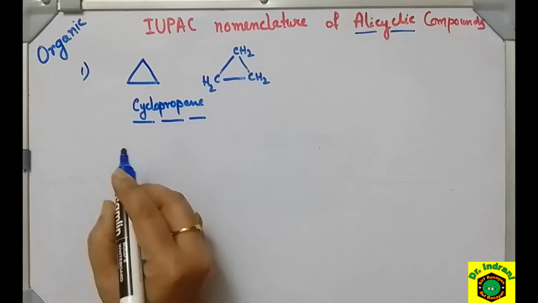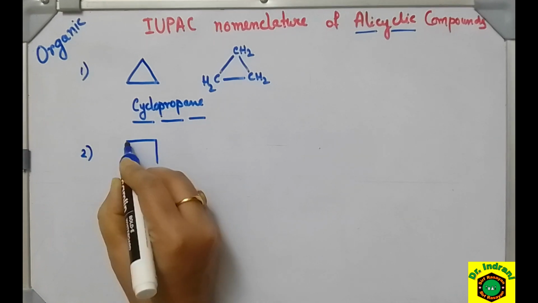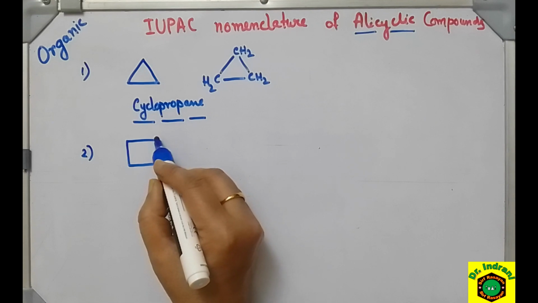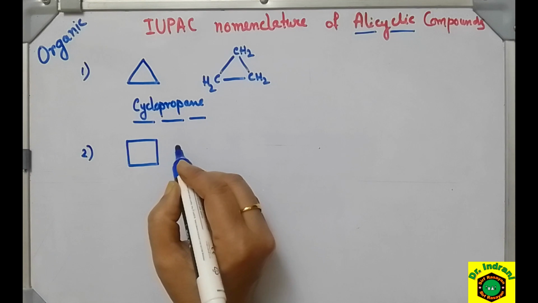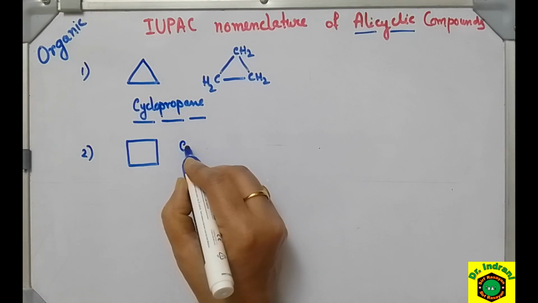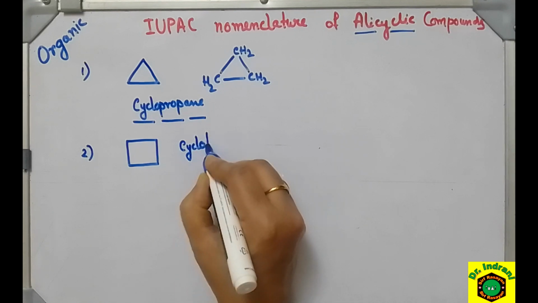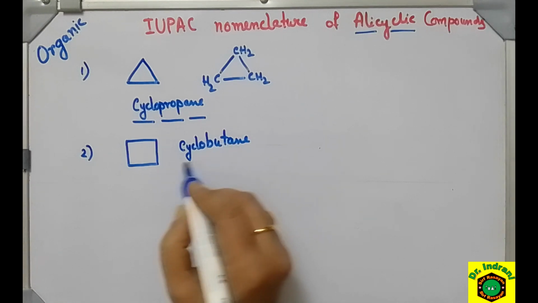Now see, if it is a 4-membered ring, this is nothing but one CH2, one CH2, one CH2, one CH2. So the primary prefix cyclo you have to add here, cyclo and butane, since 4 carbon atoms are there.